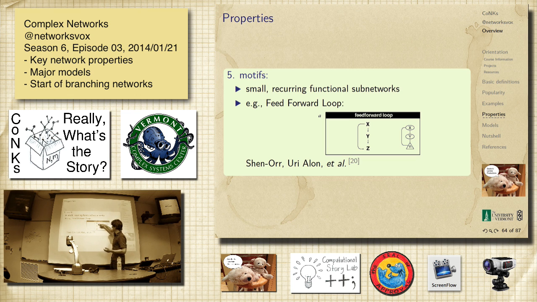One of the things that popped out, and there are a couple of other major ones, was the so-called feed-forward loop. X is promoting Y, and it takes a little while to ramp up, and then Y promotes Z, and that starts to turn on. And then X has to be involved as well. So there is a delay in turning on, but if X stops promoting, then Z stops straight away.